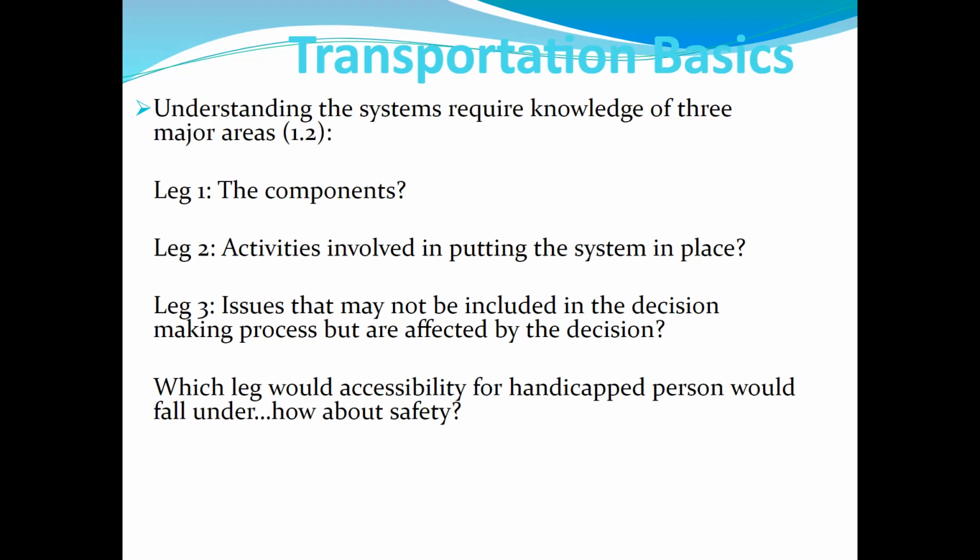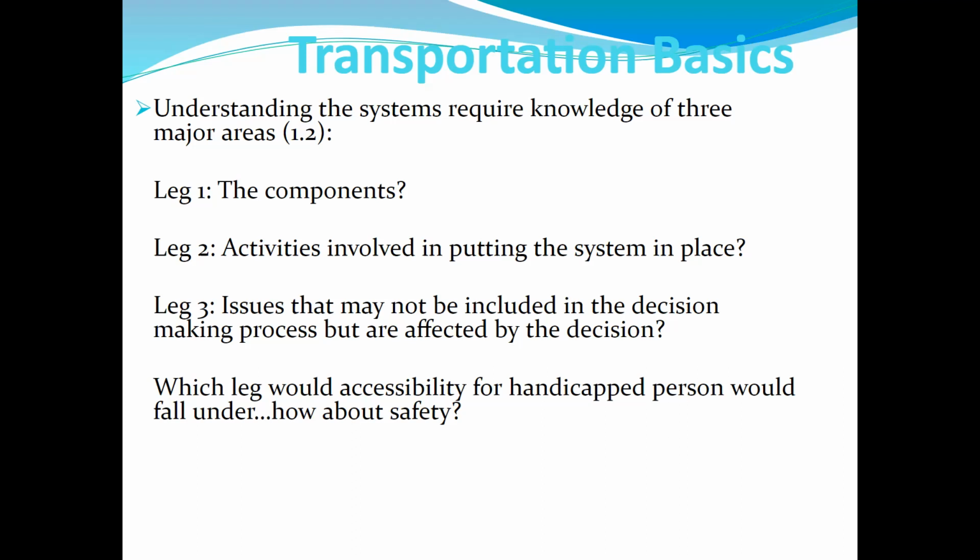Those are the things that we started addressing after the fact. So those were considered leg three. But the newest trend in the transportation engineering profession, which is a welcome trend, is that now you're trying to account for those leg three issues in leg two.